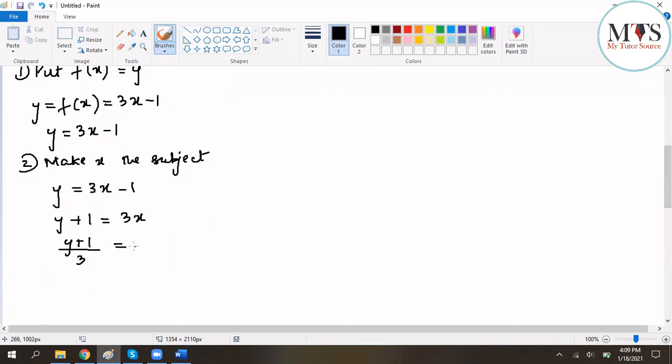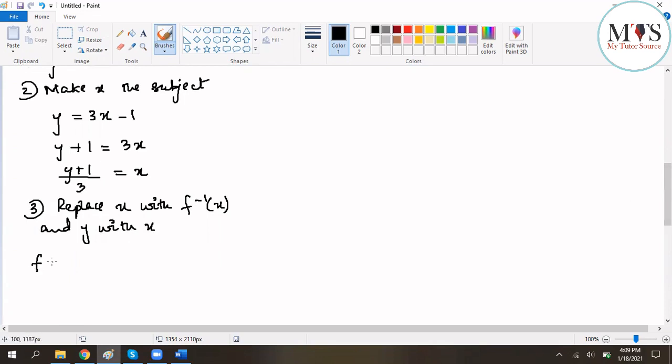So we get y plus 1 over 3 equals x. Okay? Last step is to replace x with f inverse x and y with x. So basically, your f inverse function is x plus 1 over 3.